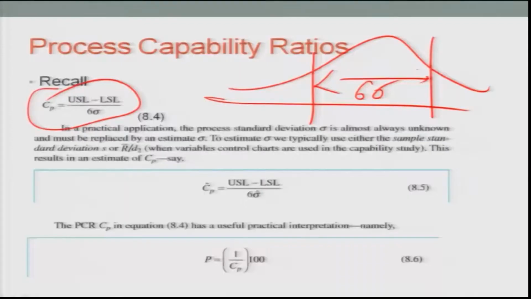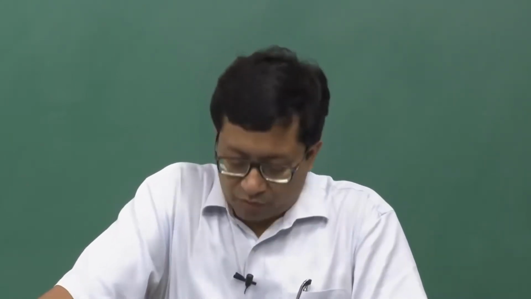To estimate sigma, we typically use either the sample standard deviation S, or the concept of the range, R bar divided by d2, which would give you some concept of the standard error of the sample.